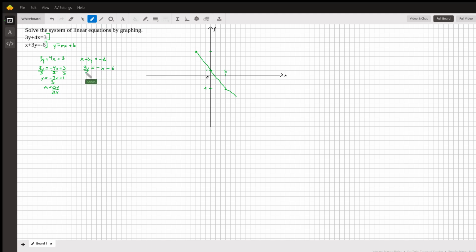I'm going to divide everything by 3. So then we get y is equivalent to negative 1/3 x minus 2. All right, now that we have this, we know what the slope is. Slope is change in y over change in x. We know that the y-intercept is negative 2.